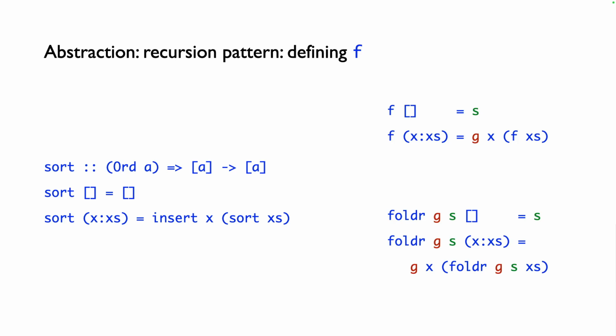So you can see that foldr g s is precisely the f I defined up there using s and g. But foldr does this for any g and any s. So foldr is the function that embodies primitive recursion over lists.